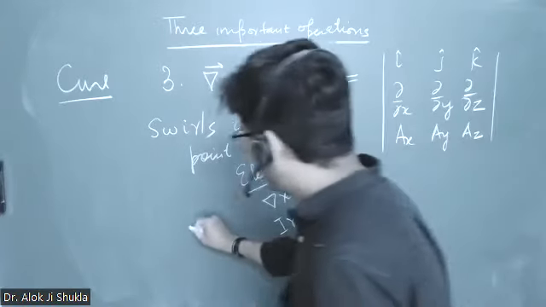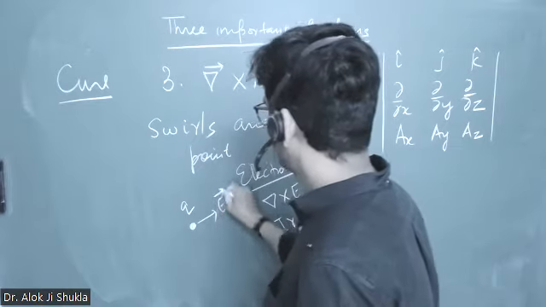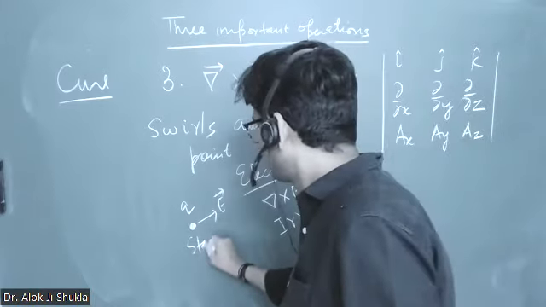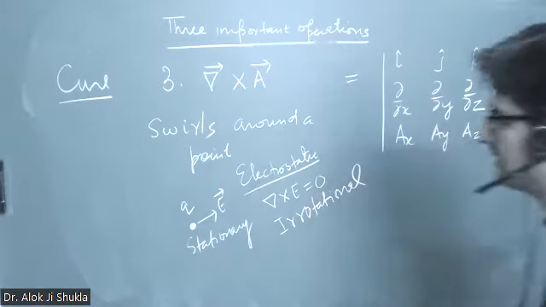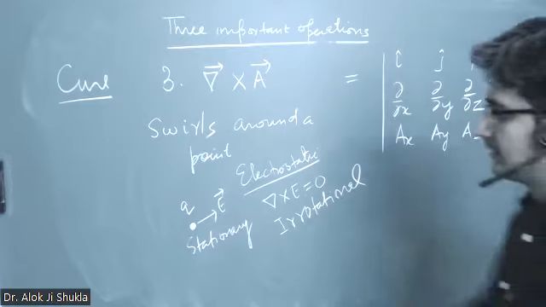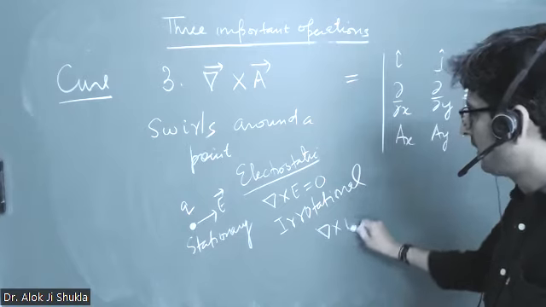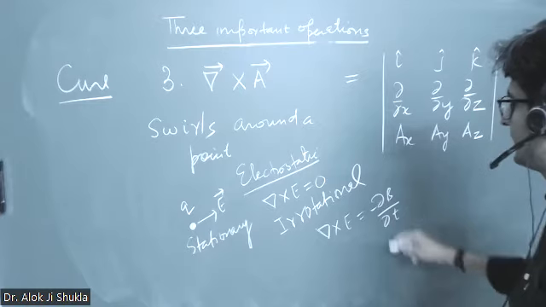So, I mean, a field due to a charge which is stationary should be irrotational. That means curl of that field should be 0. But as soon as this charge starts moving with constant velocity, you know, curl of E becomes non-zero because it is minus del B by del t, which is Faraday's law.